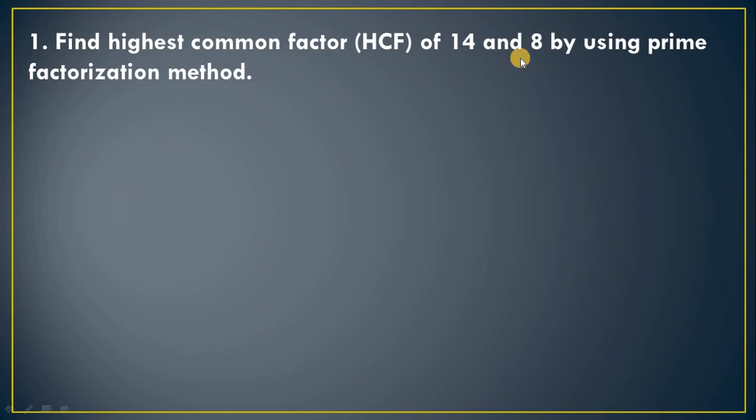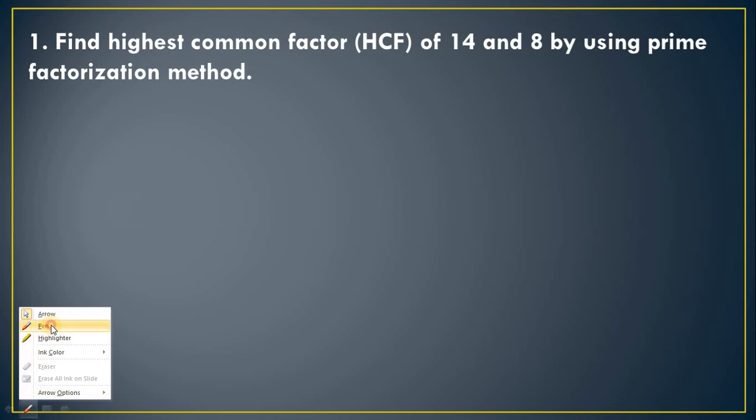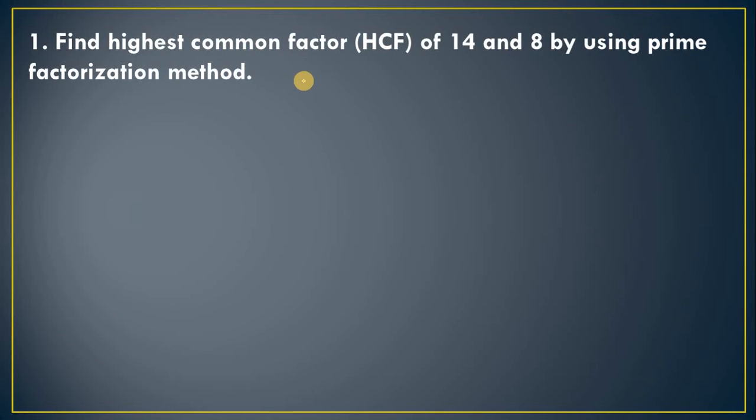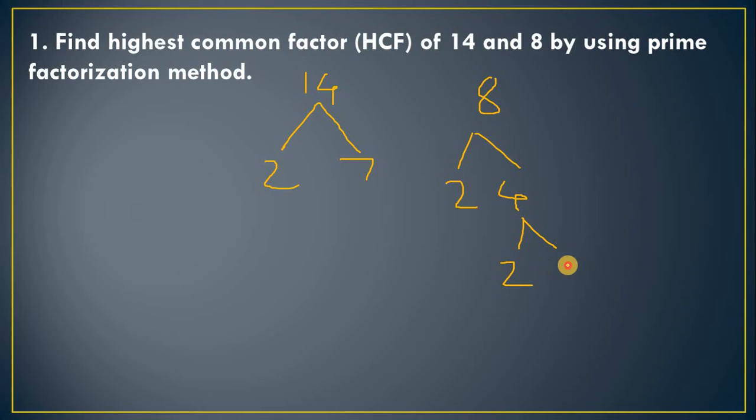First one is HCF of the numbers using the prime factorization method. You can use a simple trick. How will you get the prime factorization? For 14, you draw a tree diagram: 2 into 7 is 14. 8 you can split like 2 into 4, and finally you split 4 into 2 into 2.